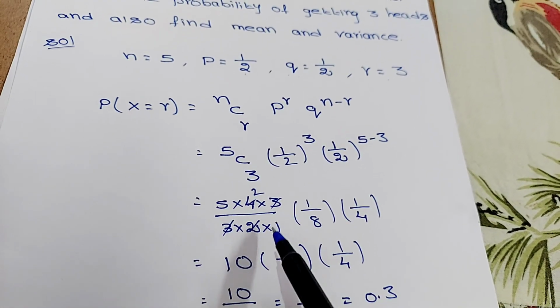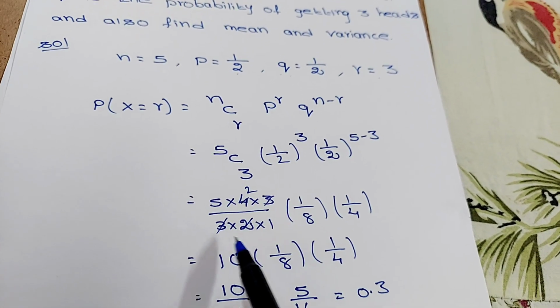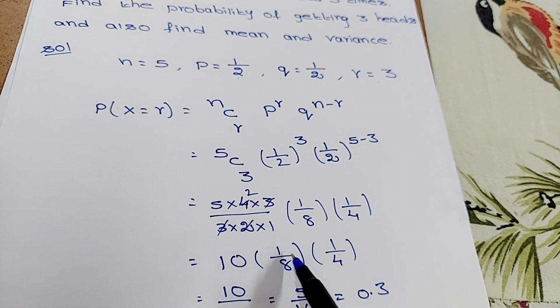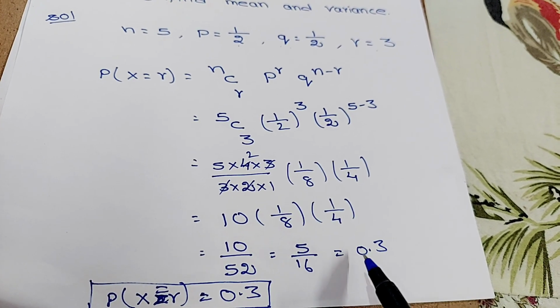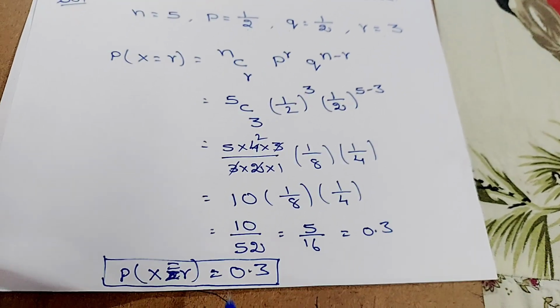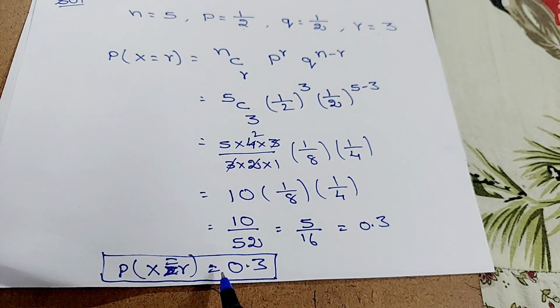So 3 gets cancelled, 2 ones are 2, 5 twos are 10, into 1 by 8 into 1 by 4. Finally 10 by 32. Final answer is 0.3.